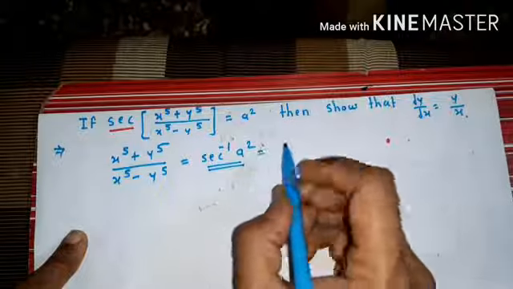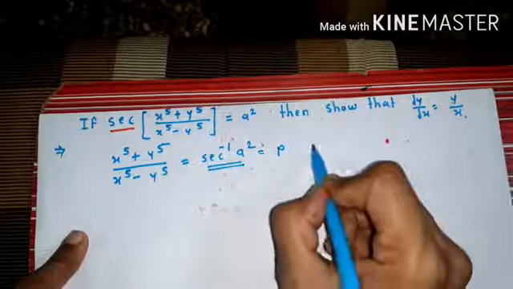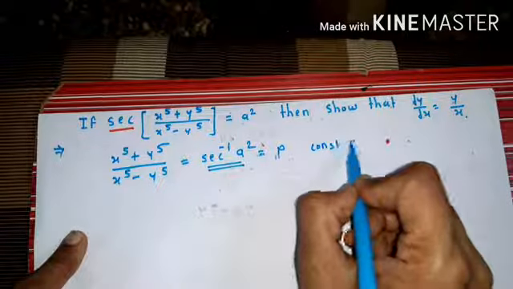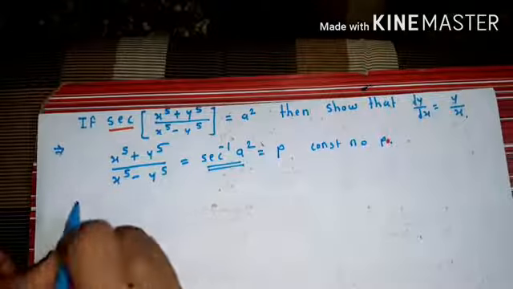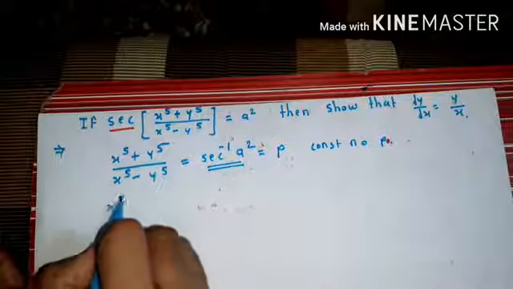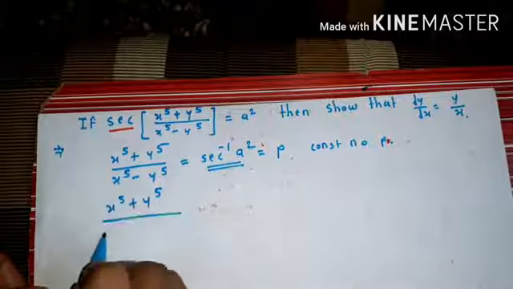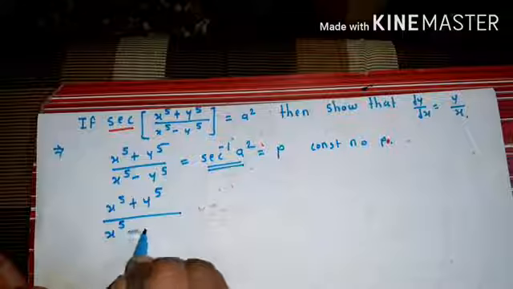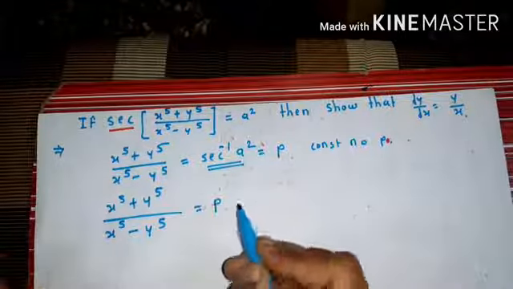Consider this sec inverse of a square as a constant number p. So this is (x^5 + y^5) upon (x^5 − y^5) equal to p.